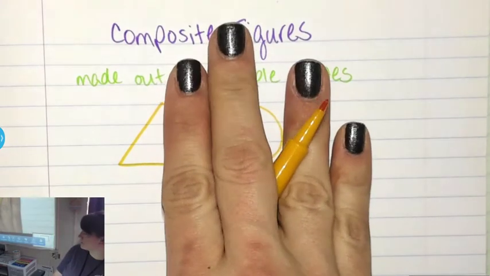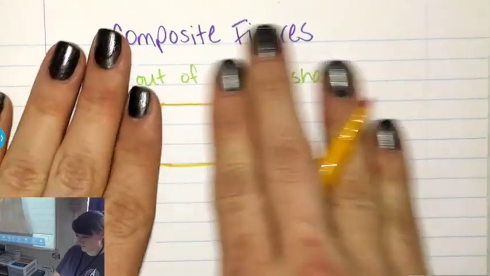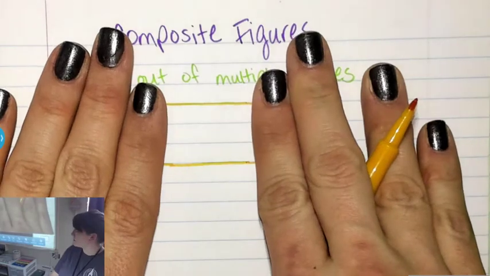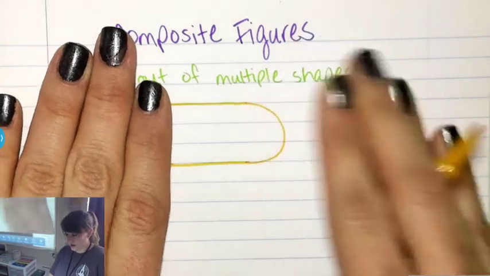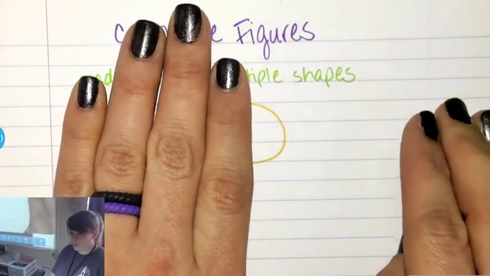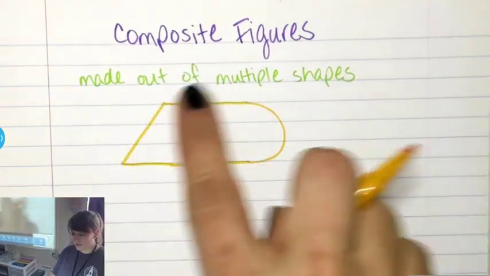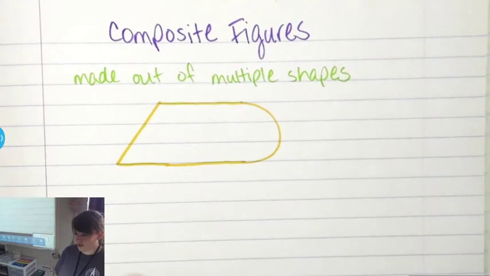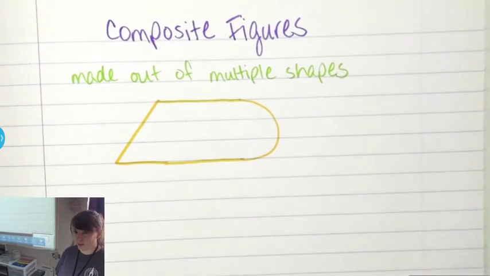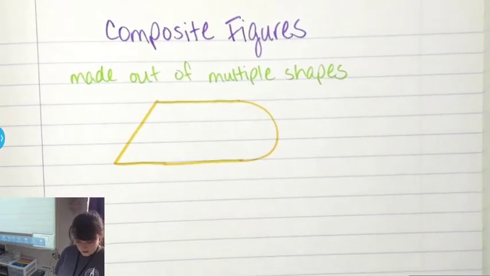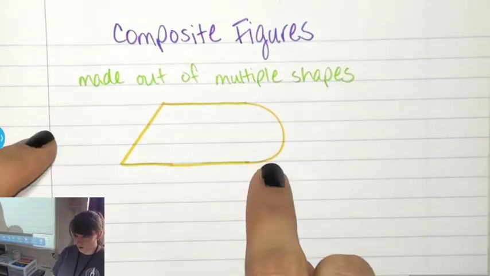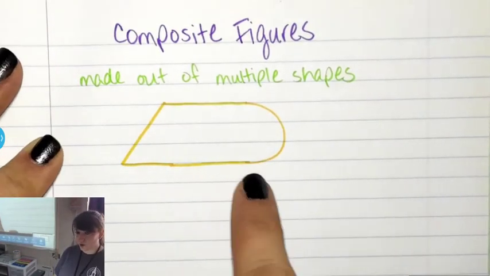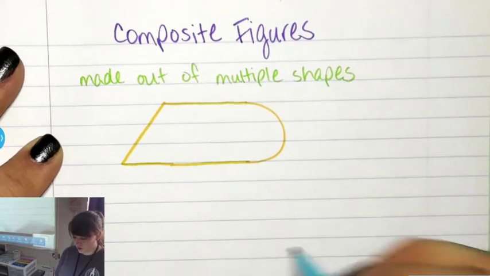So triangle, continue on like a rectangle, end with the circle, half a circle. This is a composite shape. As is, you can't define this. That's not a shape we know. But your first step is to break this shape into shapes you do know.